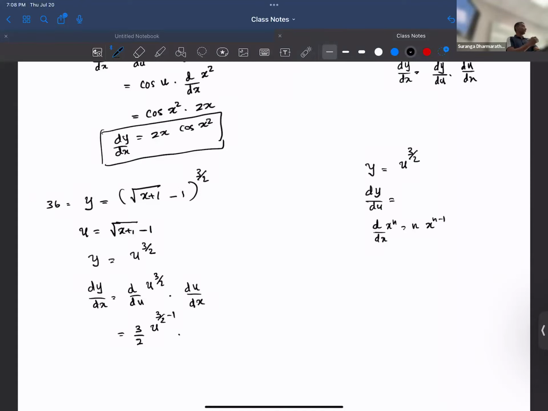Now if you want to do that in another way, what is your du over dx? You have this function, d over dx of square root of x plus 1 minus 1.